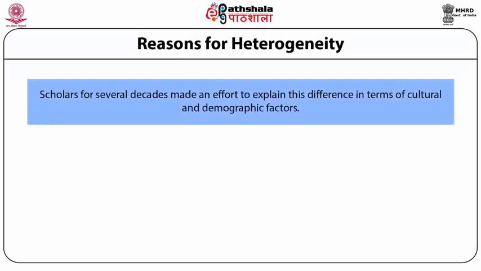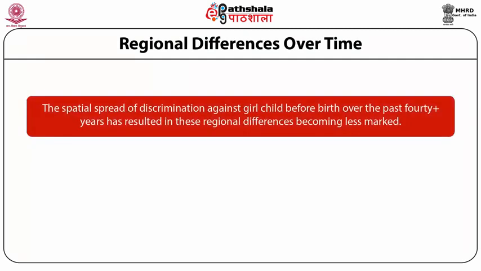Scholars for decades had explained the differences between North, South, and East in terms of cultural and demographic factors. But today, one has to look at sex selection, when it started, and how it has spread and intensified over time, to understand the new patterns of change. So regional differences today are becoming less marked.